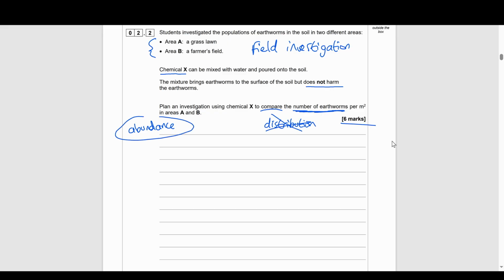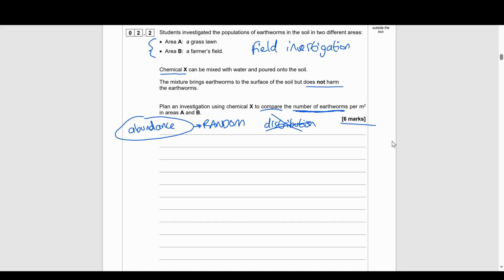We are investigating abundance. So, when we're investigating abundance, then there are two very, very important things which we need to include. The first thing is it needs to be random. So that means that we have to be able to count the number of earthworms, but in a random manner.